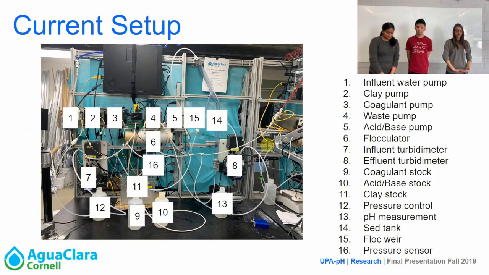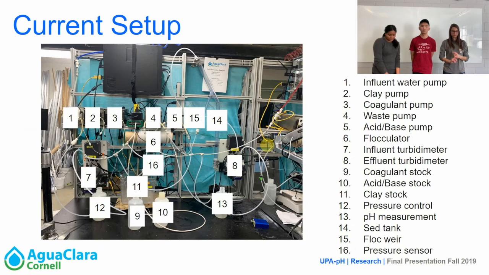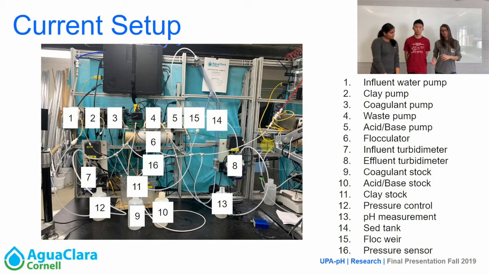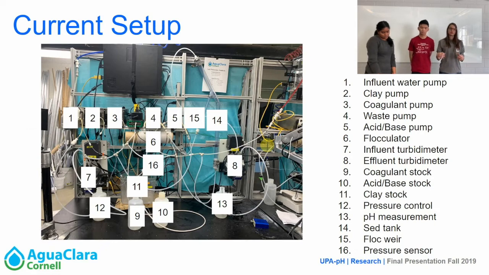Our current setup deviates from our system blueprint in where we measure the effluent pH. We moved it because before, the stream from the flockware was in the waste stream, so there was all this sludge going in, and we don't really want to measure the pH of the sludge, we want to measure the pH of the clear water. So we moved where we measure the pH to right after the top of the sedimentation tank.